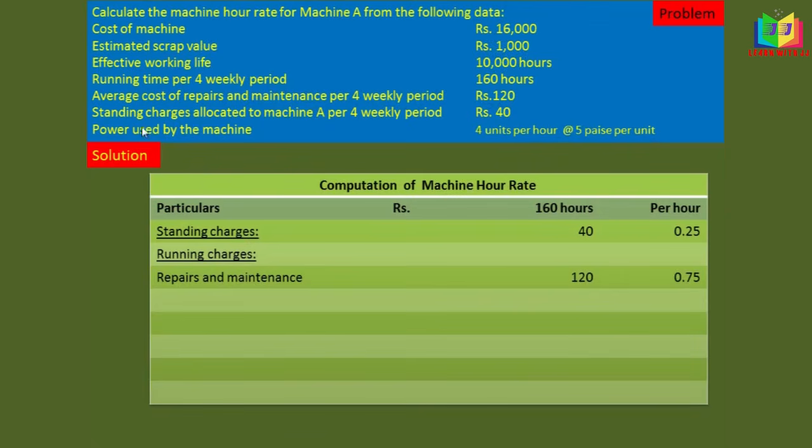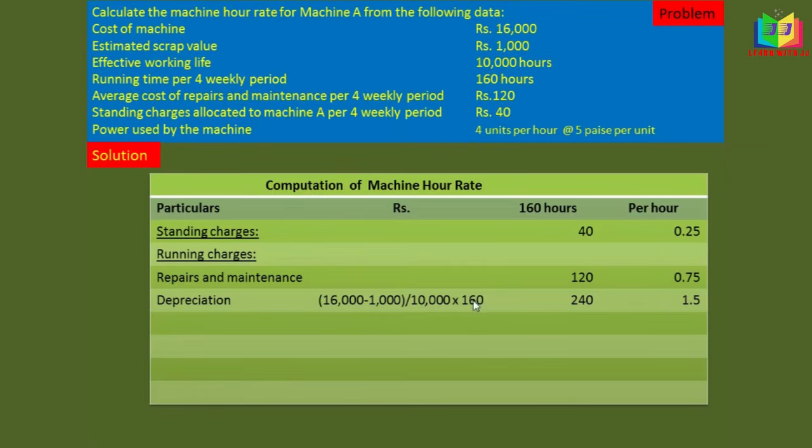Next we have depreciation. In order to find the depreciation we have to take the cost of machine, estimated scrap value and effective life. The cost of machine is 16,000 and the estimated scrap value is to be subtracted from that, divided by the effective life of 10,000, and we get depreciation per hour.